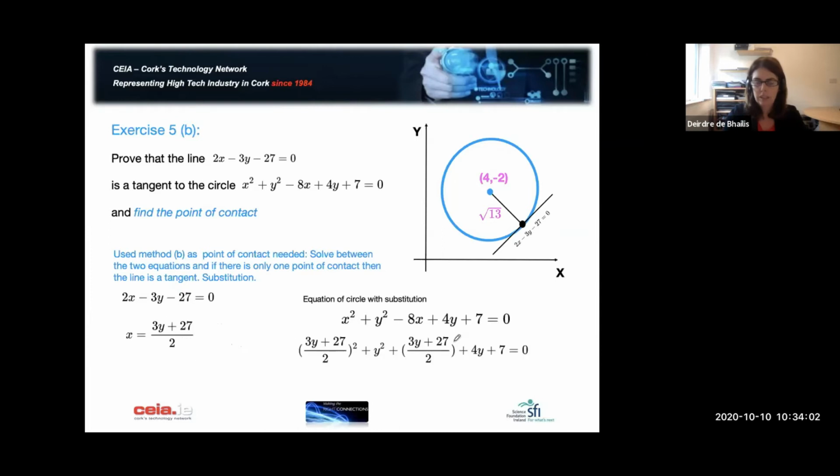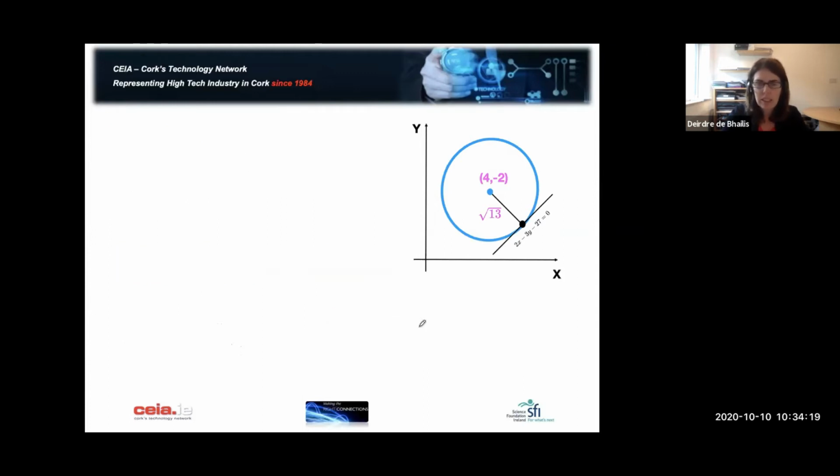Now this is quite a long expansion, but you do have this worked out in your notes. I am simply placing x here and x here. It's kind of algebra on that, so I will rush through this a bit.